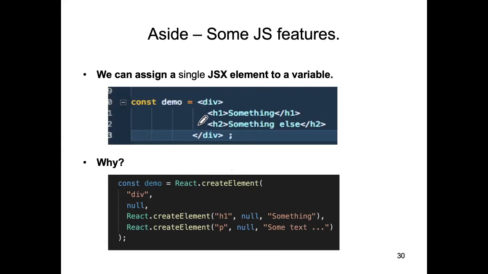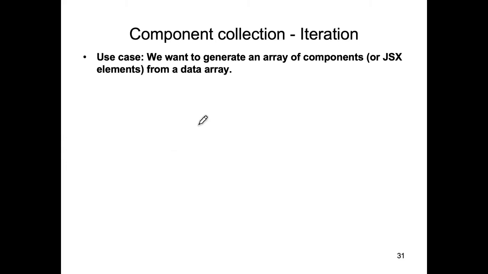So taking on board all of those things, the next thing I want to demonstrate in terms of basic component coding is how to implement iteration in our components. So the objective here is that we want to generate an array of components or an array of JSX elements from a data array.